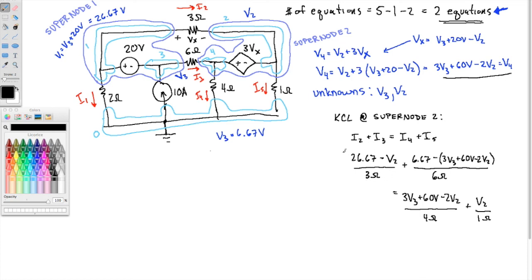Yeah, I don't know that it would be worth the class time to do the math to figure this out. Let me just describe how you would solve this. So we have V3 from the work that I just erased. So this guy is 6.67 volts. This guy is 6.67 volts. So that leaves us just this equation in terms of V2. So that's one equation and one unknown. You solve that for V2.